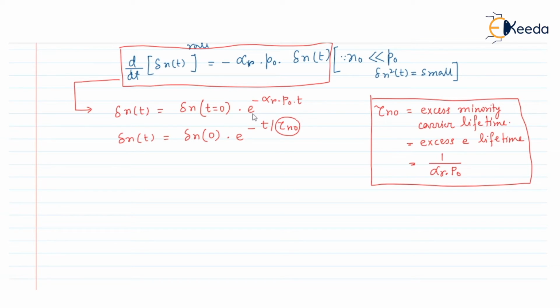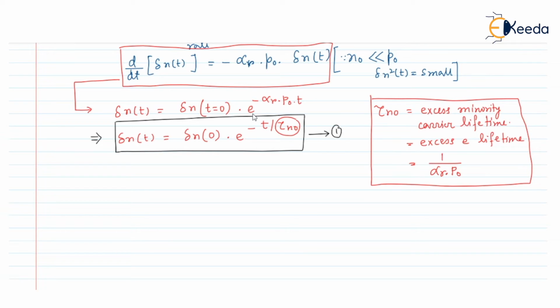So this equation gives that the excess electron that has been generated due to the incident of light is a function of time.